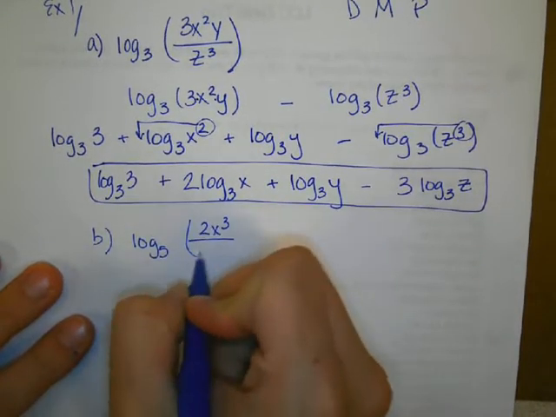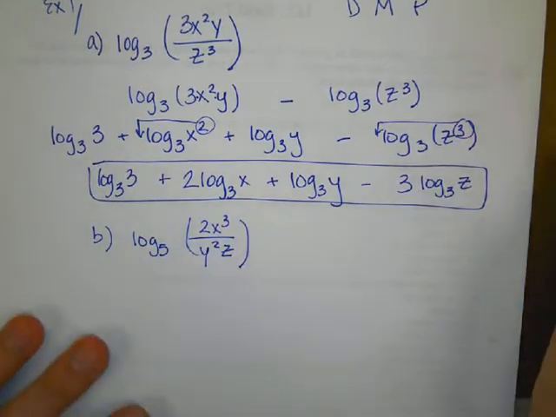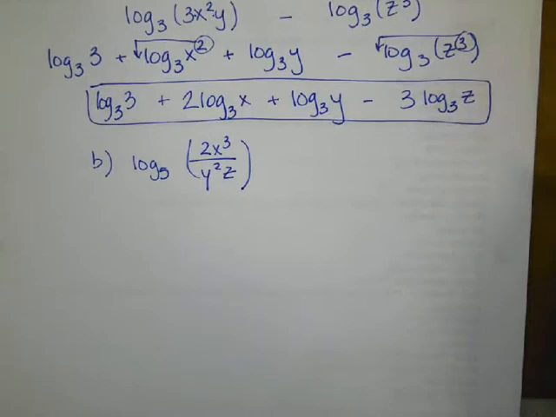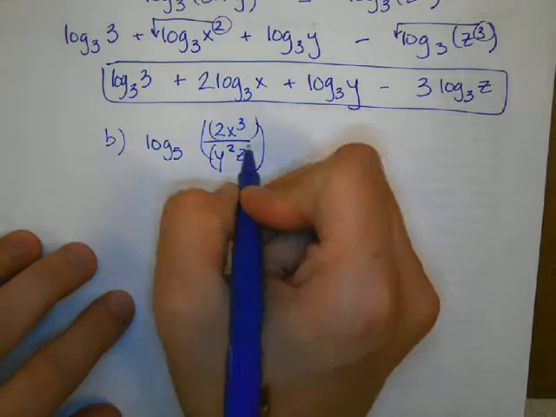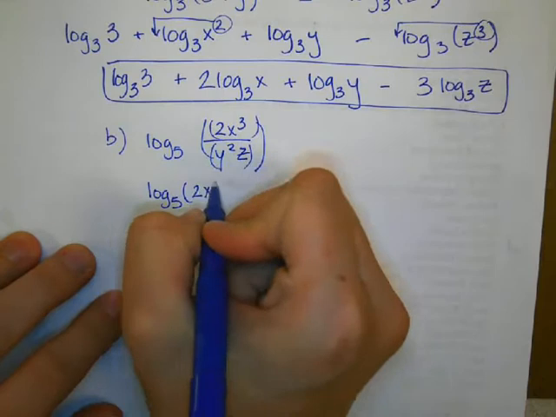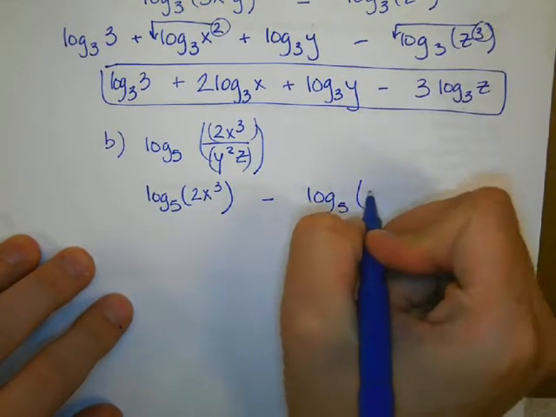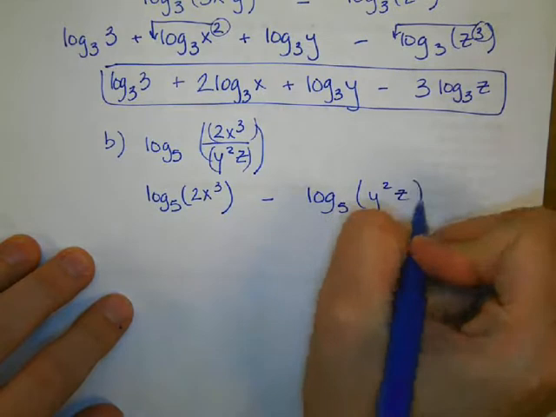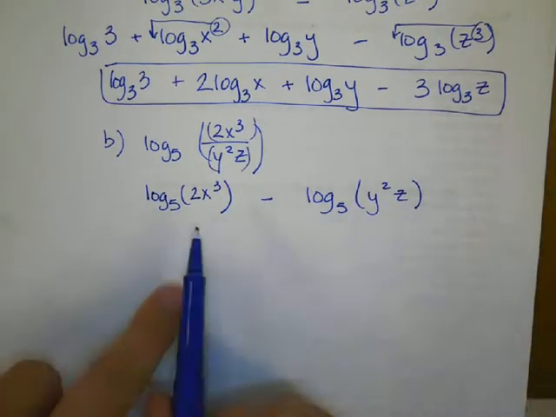for B. Okay, so we follow the same process, DMP. We're going to break apart the division. So numerator, denominator become their own arguments. You break it apart into two separate logarithms by putting a subtraction sign in between. Then you're going to look for multiplication.